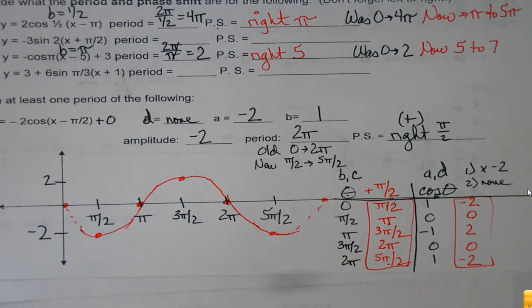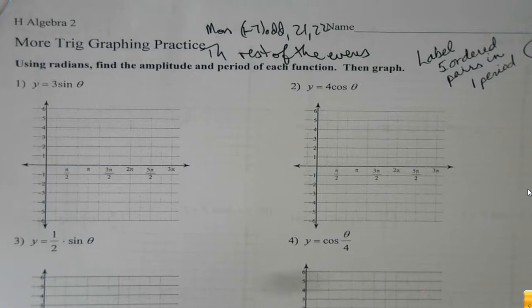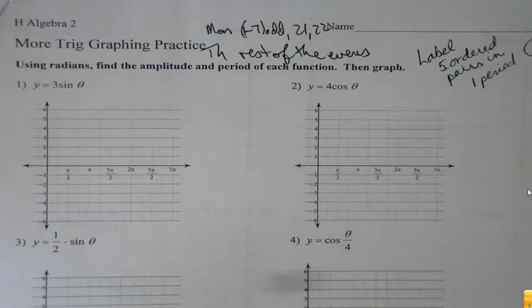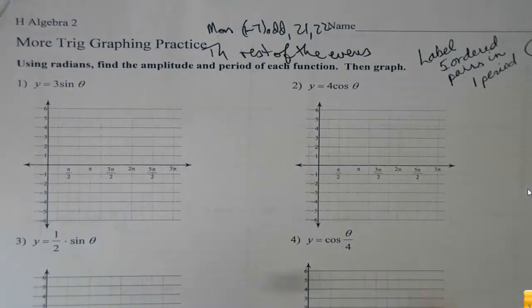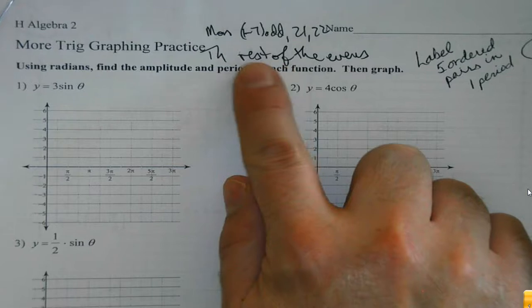For now, what I would say is you had this worksheet from Monday. Now, if you're looking at this in a future year, it may be a different day. But the one more trig graphing practice where we did the odds and a couple with the cosecant and secant, I would say work on some of the evens in there now, because that's going to be the rest of the assignment.